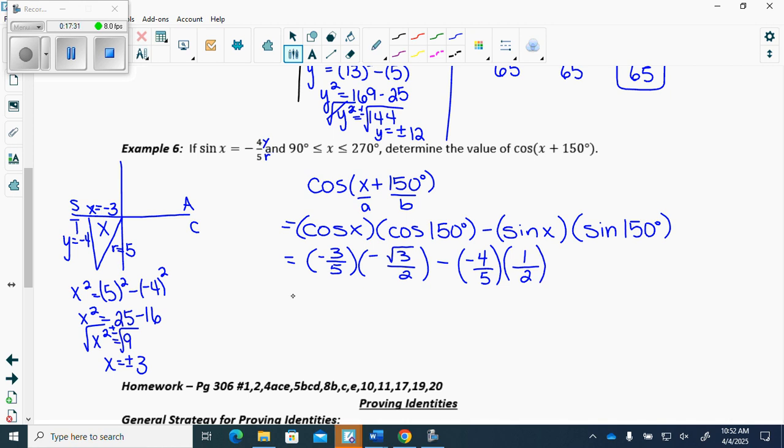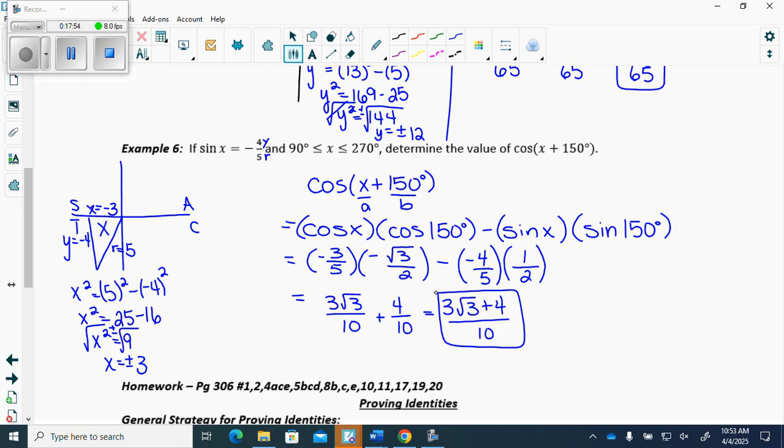Once again, common denominators, so we get -3 times -√3 is 3√3/10. Minus, so plus 4/10. Can't put those together, so we get 3√3 plus 4 all over 10.